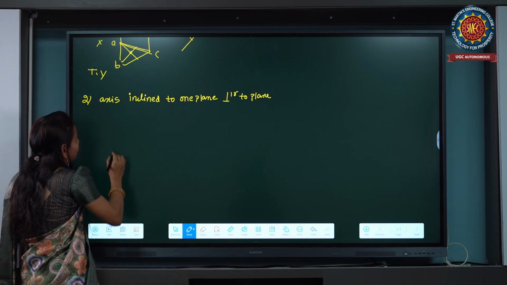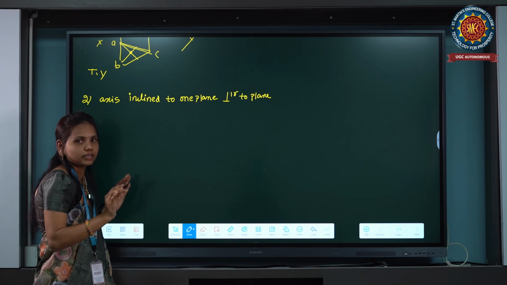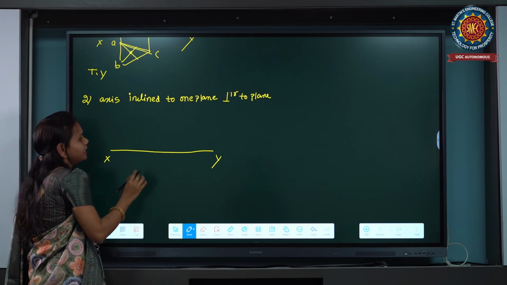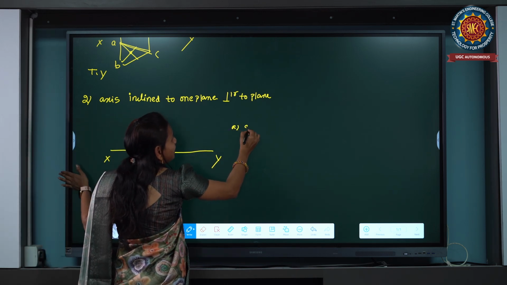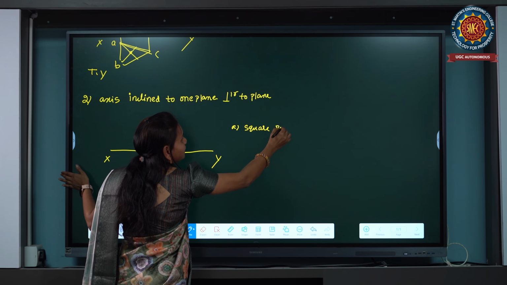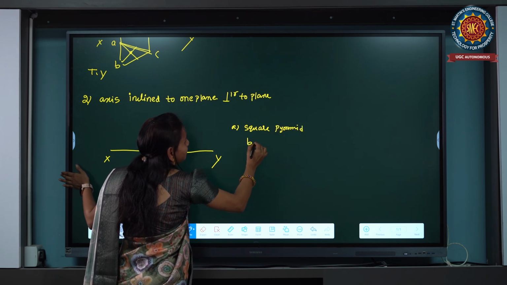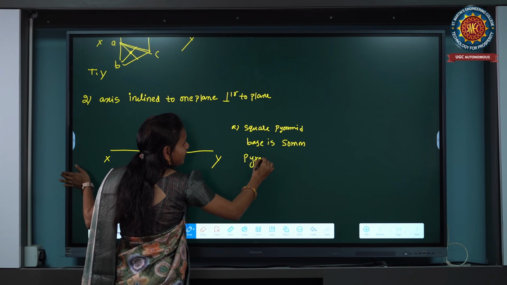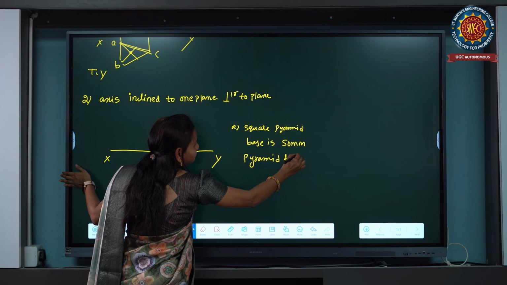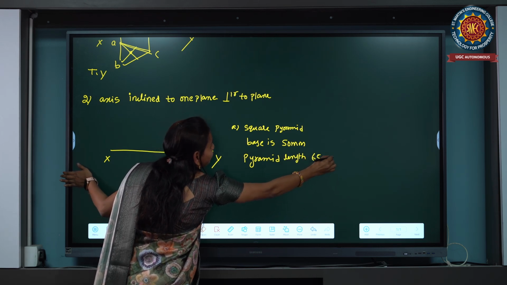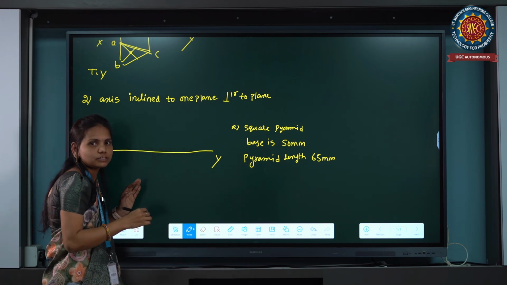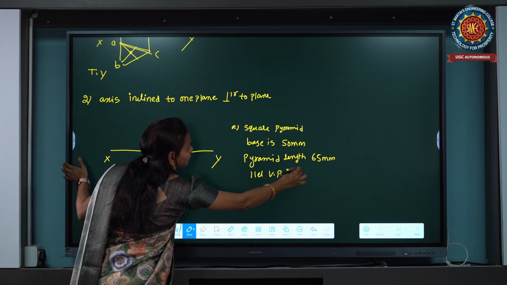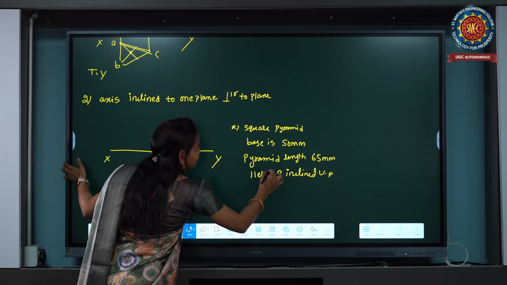Here, as an example, I am taking one reference line, same, this is the X and Y. For example, I am taking a square pyramid, base is 50 mm and pyramid length is 65 mm, and axis parallel to HP and inclined to VP. So this is the condition of the example.